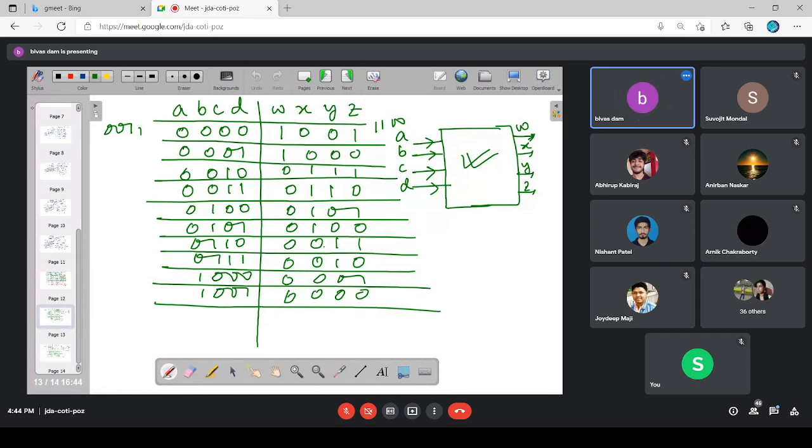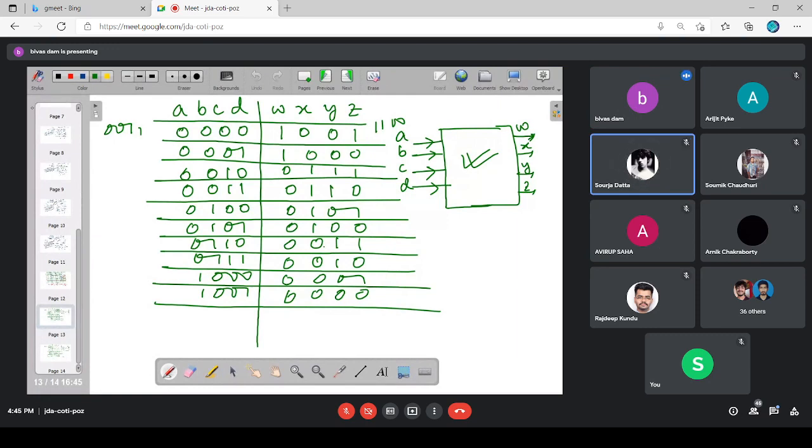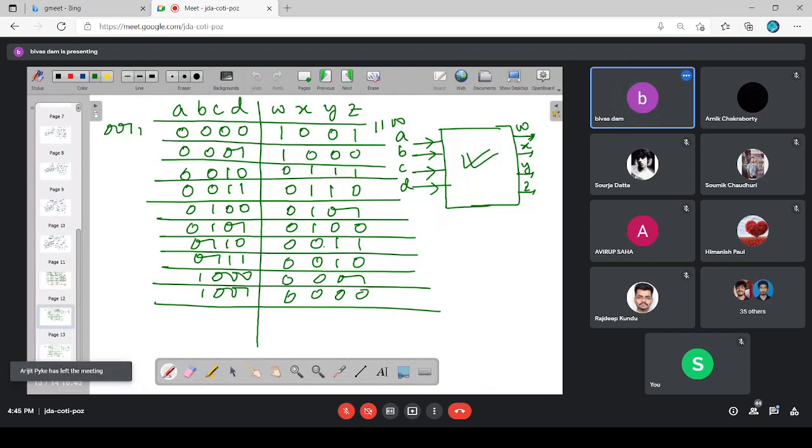Shomik Chaudhary. Present, sir. Orijit Pai. Present, sir. Rajdeep Kundu. Present, sir. Ovirup Saha. Present, sir. Shaurjo Dotto. Present, sir. Sritoma Ghosh. Absent. Himanish Pal. Present, sir. Himanshu Ranjan. Absent. Biplav Mahapatro. Absent. Fine.